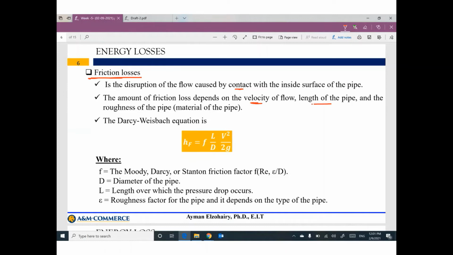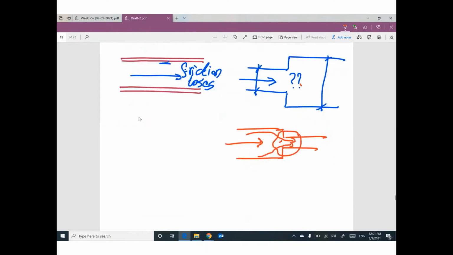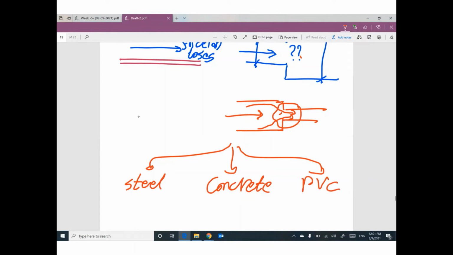Length of the pipe, that makes sense. And the roughness of the pipe, the material of the pipe. I believe the smoothest surface is plastic. We have three different types, I believe, of pipes. This pipe can be made from steel, concrete, or PVC or plastic. Each material has different roughness.